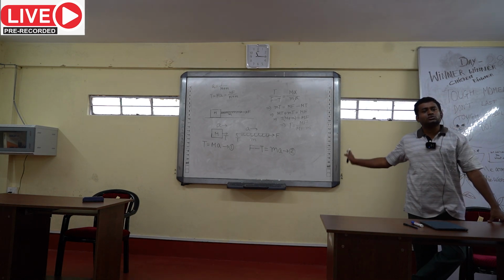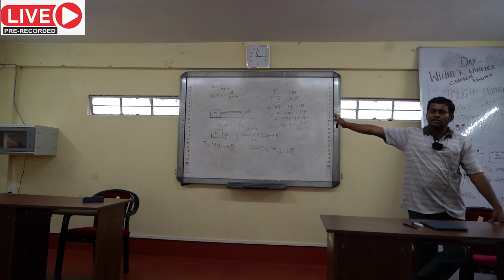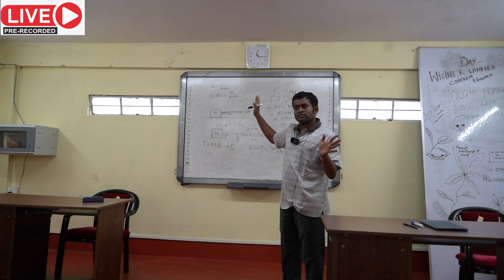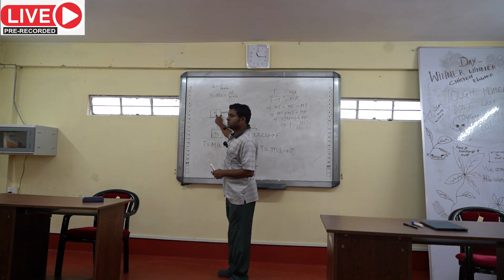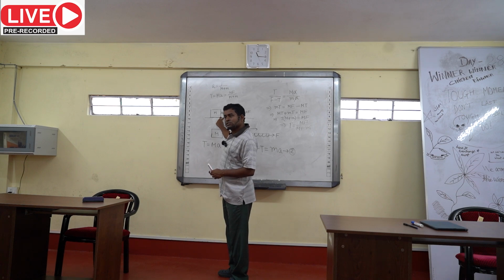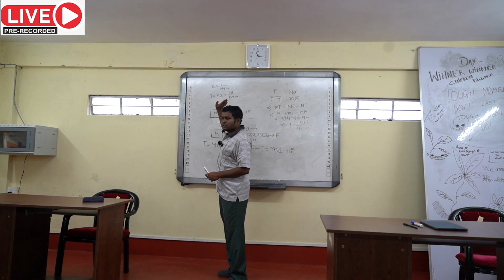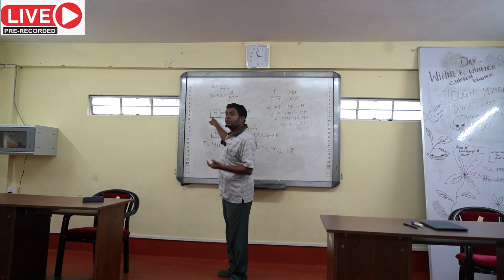Okay, is it clear to everyone? The second technique. First we calculate the acceleration. Acceleration means external force by total mass. What is the total mass? Capital M plus small m. So acceleration means total force by total mass. So we got the acceleration. Then on which object do you have to find the force?